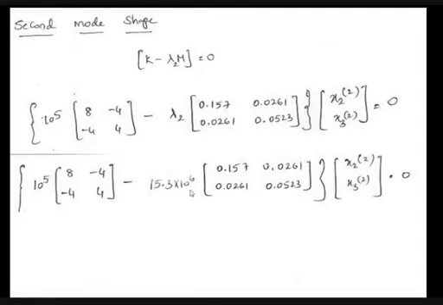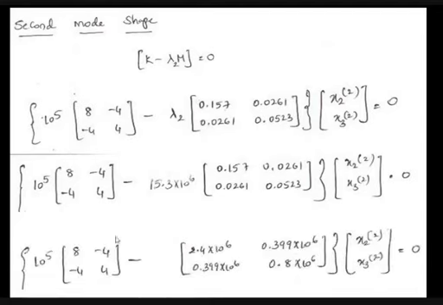So now simplifying it further, 10 to the power of 5, 8 minus 4 minus 4, 4, minus 15.3 into 10 to the power of 6 into 0.157, that is 2.4 into 10 to the power of 6. 15.3 into 10 to the power of 6 into 0.0261, that is 0.39 into 10 to the power of 6.